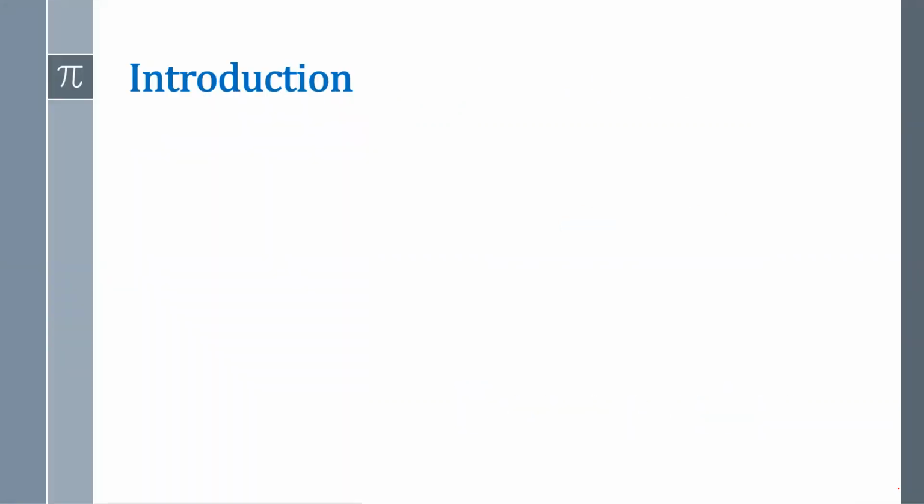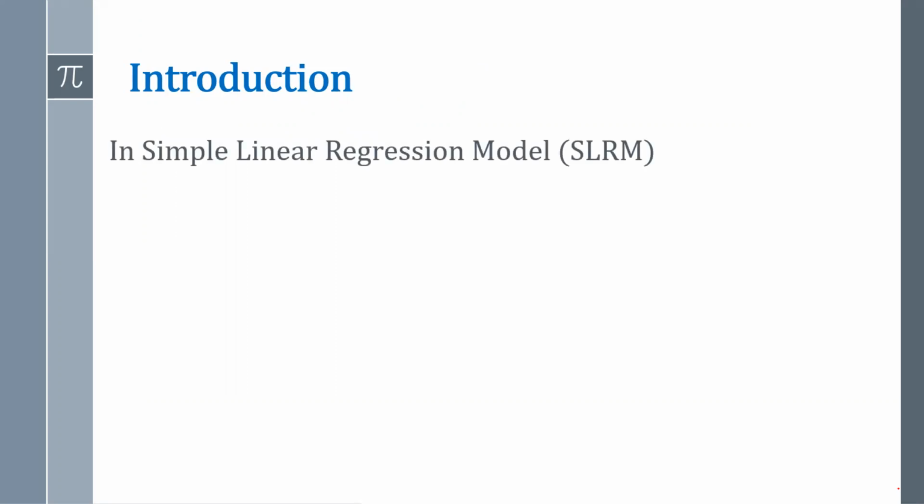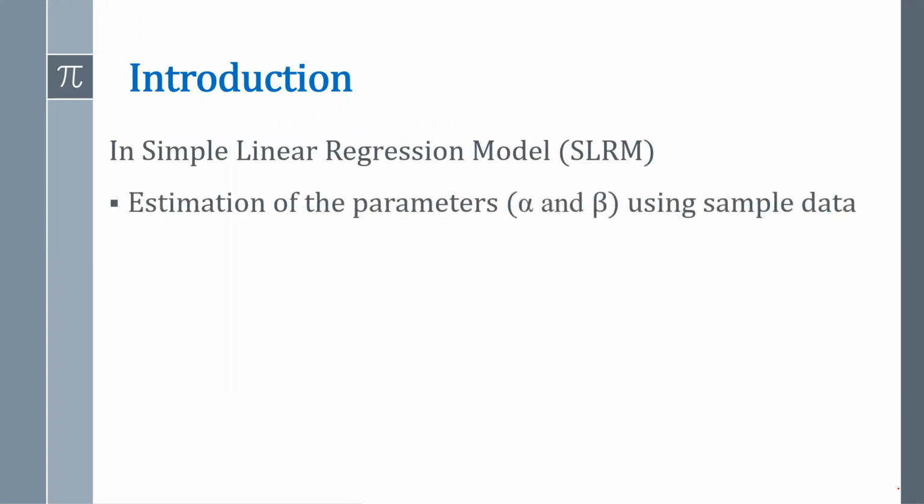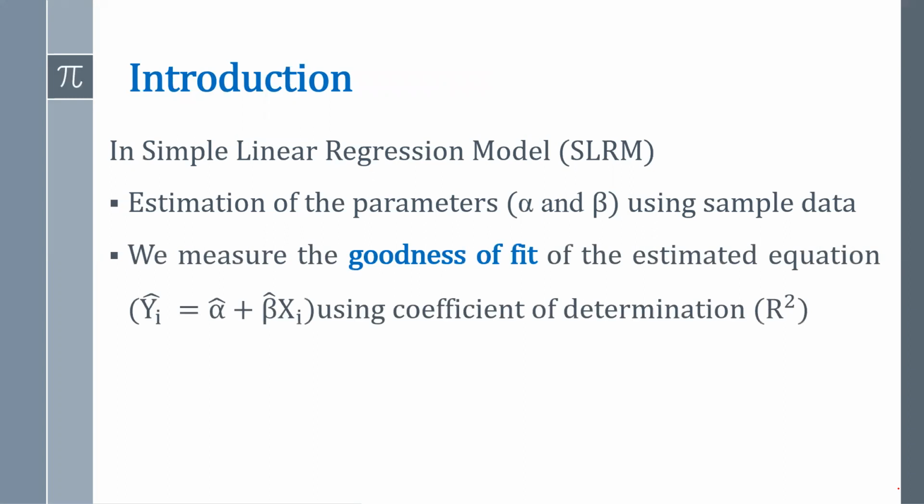Let's begin with the introduction. In simple linear regression model, we estimate alpha and beta using the sample data. So therefore, we measure the goodness of fit of the estimated equation using the coefficient of determination. Here this is our estimated regression line, that is yi hat is equal to alpha hat plus beta hat xi.